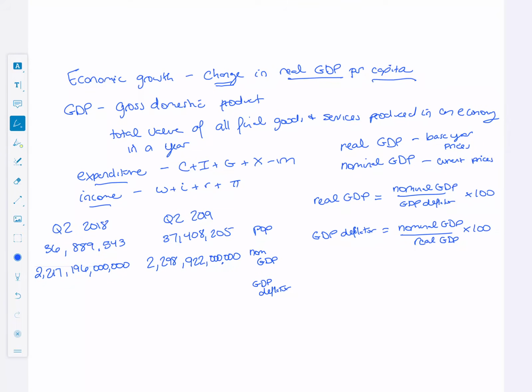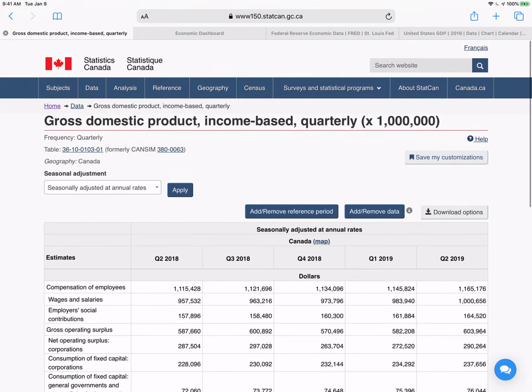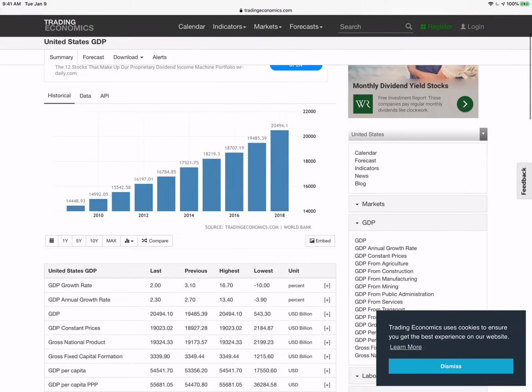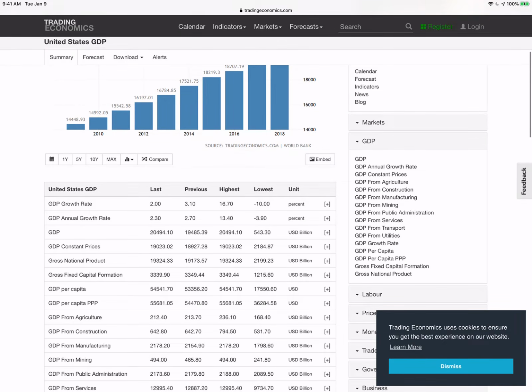Okay, so if we're going to calculate real GDP, we need nominal GDP divided by the GDP deflator. Great place to go to get a GDP deflator is, of course, Trading Economics. So if we go into Trading Economics, and I just happen to have the page here on the US, you can see here in the US, you can get GDP, and notice that it gives you GDP per capita, it gives you GDP and GDP in constant prices.